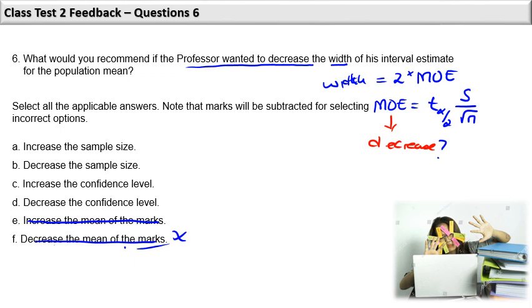Now, the other two is now increasing or decreasing the level of confidence. So we were dealing with a 90% confidence interval, and we found that our T alpha over 2 was equal to 1.7. You will notice that if you increase this, say, to 95%, you will see that your T alpha over 2, sorry, I don't have the tables here, but you can check that.